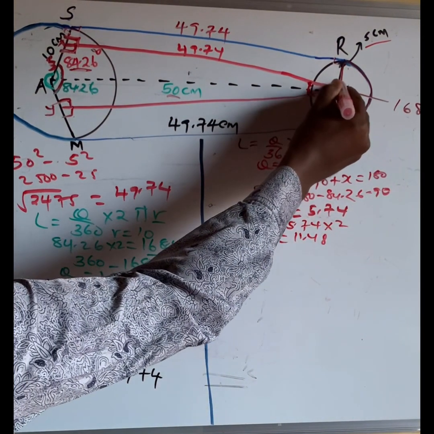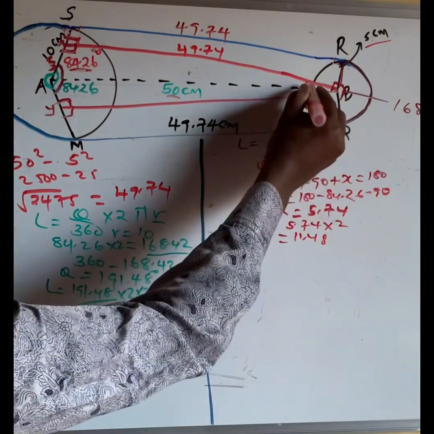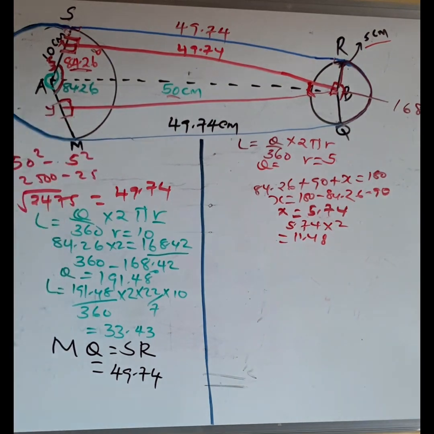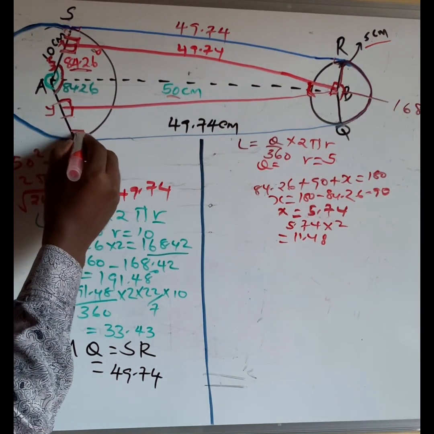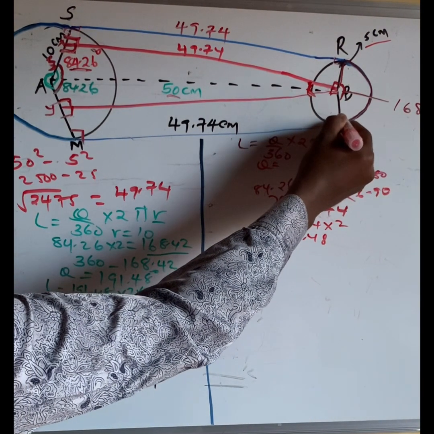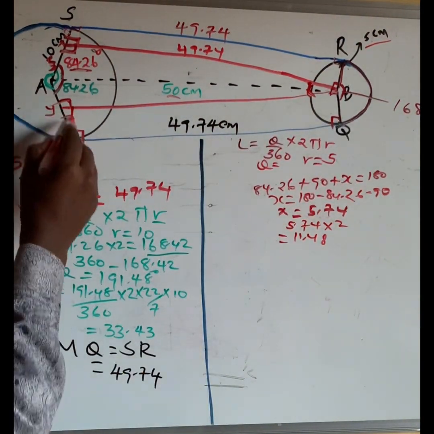So this is 90. This is 11.48. This is also 90, because this is the tangent, which means the radius and the tangent will meet at 90. We have 90, 90, 90.